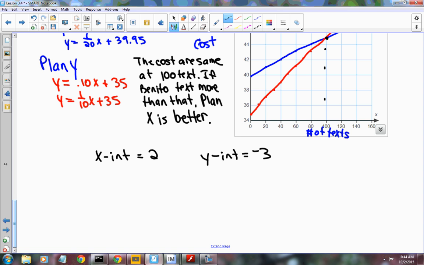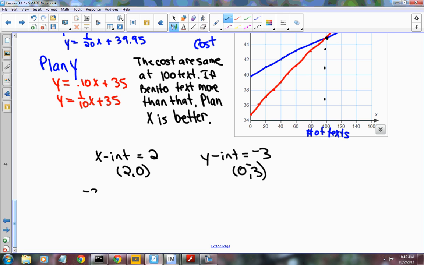I need my slope, don't I? Okay. So to find my slope, they're really a location, right? The x-intercept and the y-intercept is a location on your graph. Where is this location? Okay, so what's the ordered pair for that? 2, 0, right? And what's the ordered pair for the y-intercept? 0, -3.